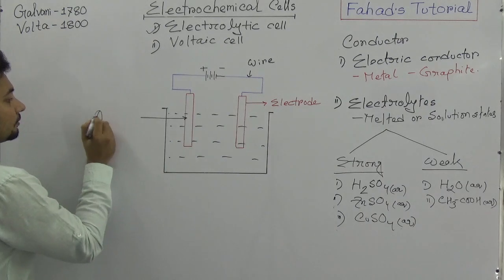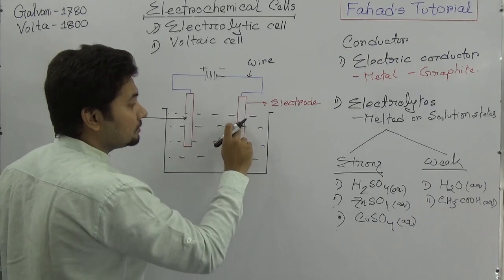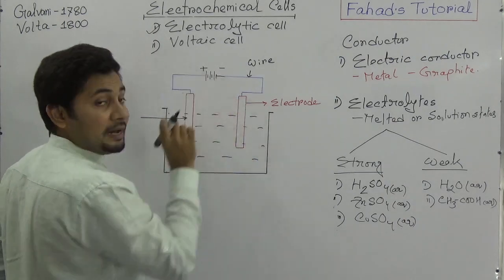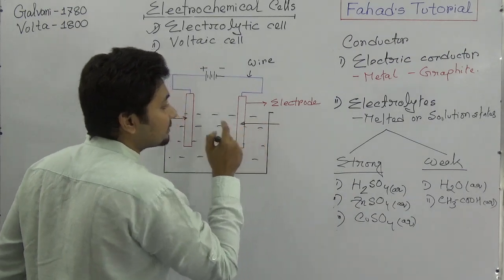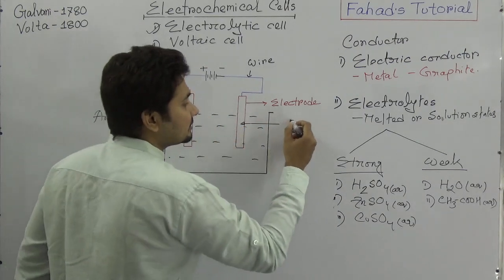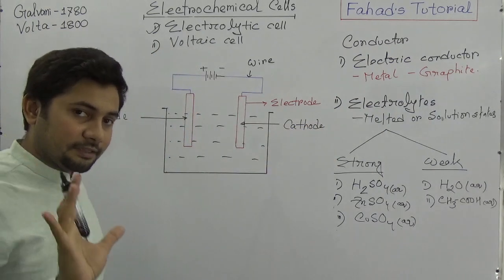This is the anode. And the negative part of the battery or electric source which is connected with another electrode, that is known as the cathode.